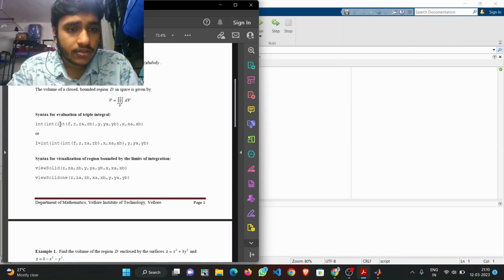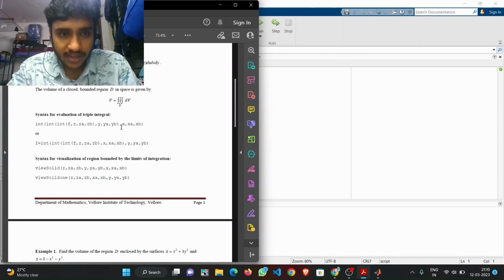This will give us one function, and after that we'll again integrate it with respect to y, with lower limit ya and upper limit yb. And after that, when we get another function, we'll again integrate it with respect to x, from xa to xb.